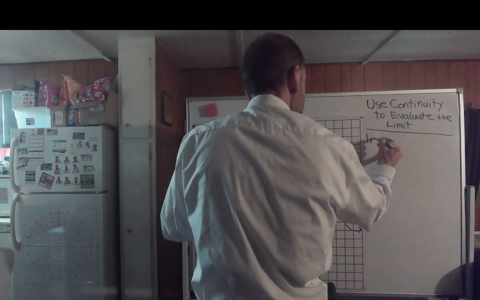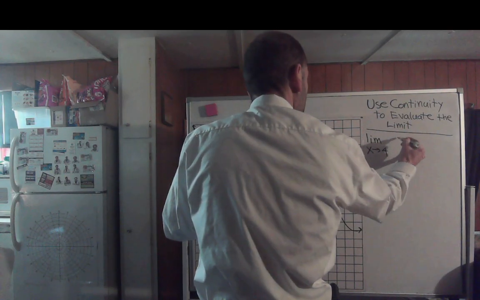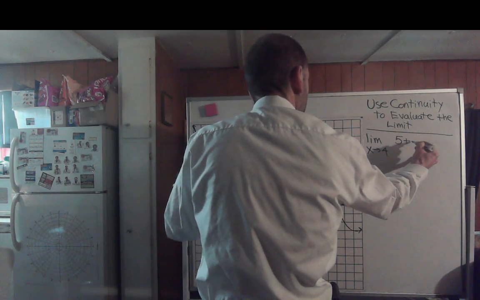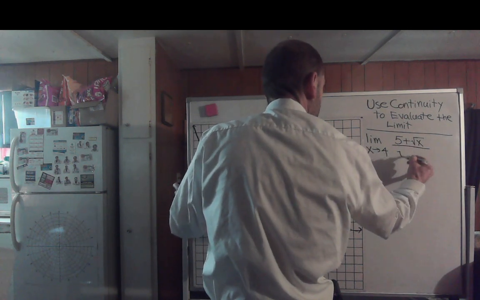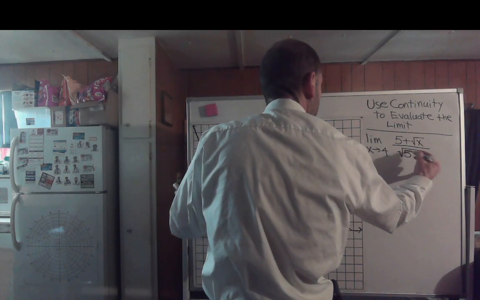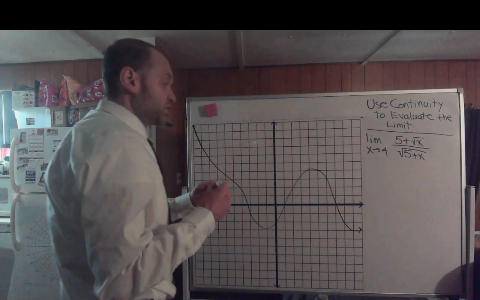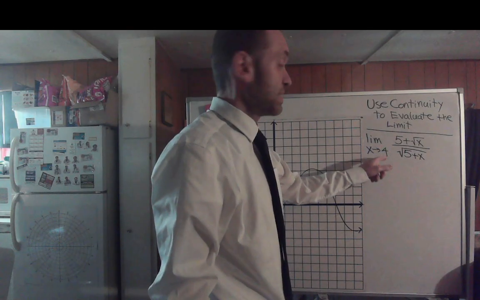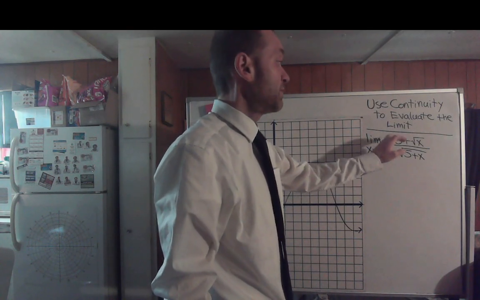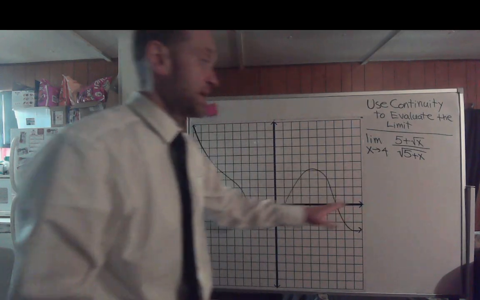And let's say we have something like the limit as x approaches 4 of 5 plus the square root of x all over the square root of 5 plus x. So we're going to use continuity to evaluate this limit.